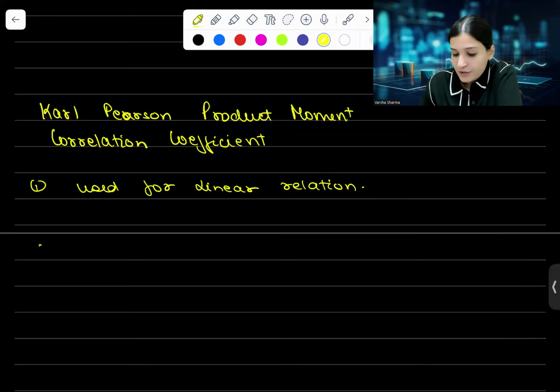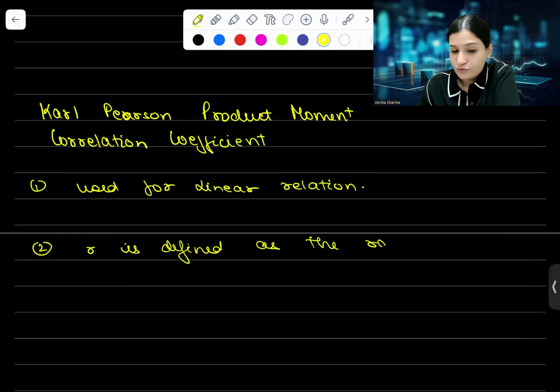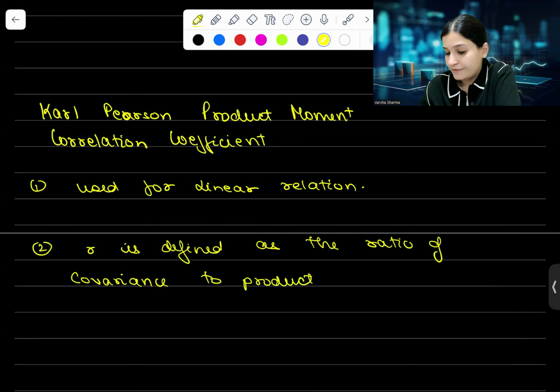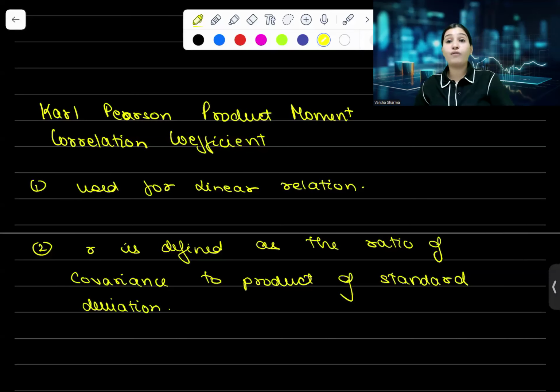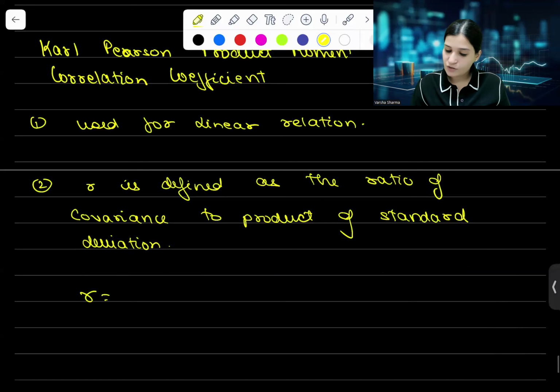In this case, R is defined as the ratio of covariance to the product of standard deviations. And that itself is also the formula here. So R is covariance by the product of standard deviations.